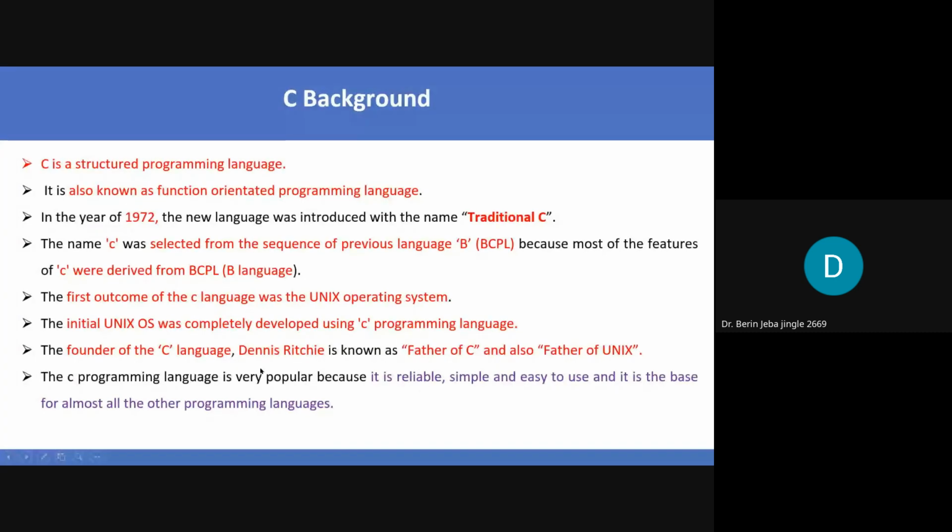So who is the founder? Dennis Ritchie, known as the father of C as well as the father of Unix, because initially the Unix operating system was developed by a C program.